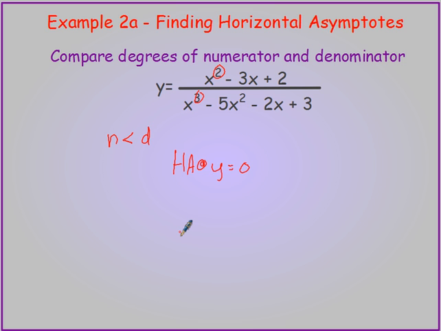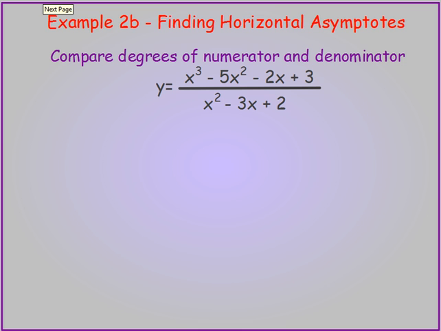Okay? So, let's try another one. I have y equals x cubed minus 5x squared minus 2x plus 3 over x squared minus 3x plus 2. So here's my equation. So, I'm just asking you to find the HA.